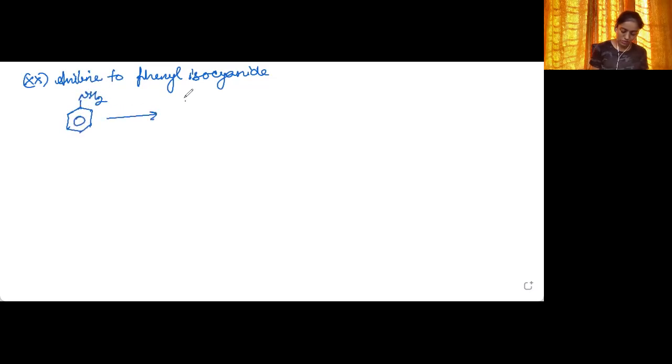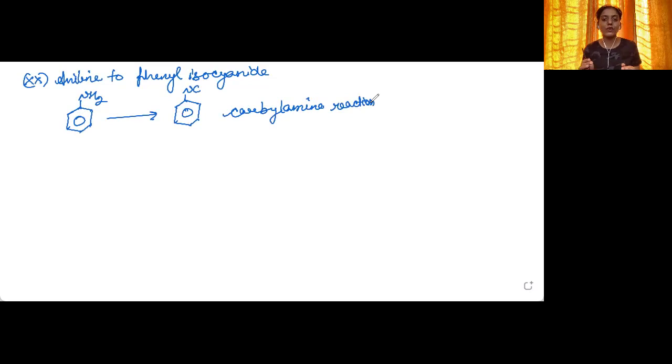We need to convert it into phenyl isocyanide. Now this is a special reaction known as the carbylamine reaction. This reaction is used as a test for the presence of primary amines.